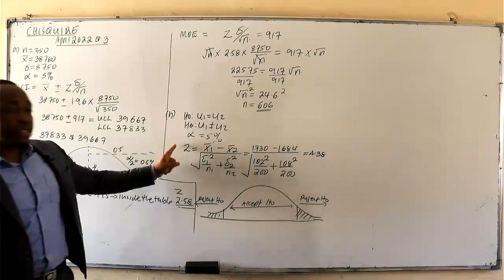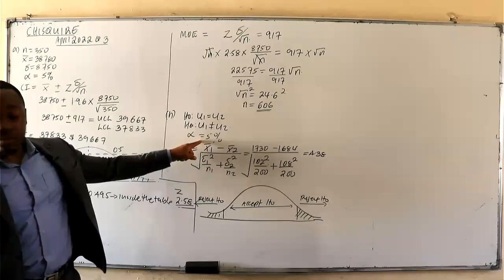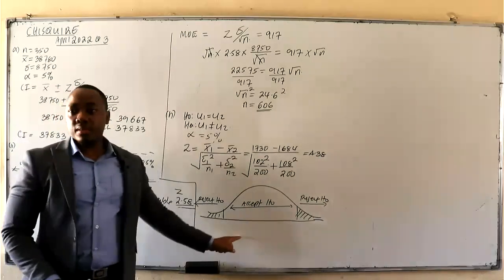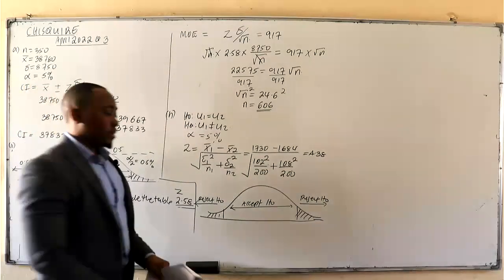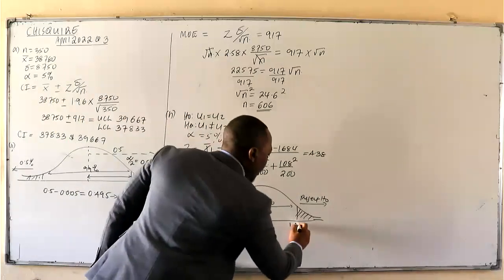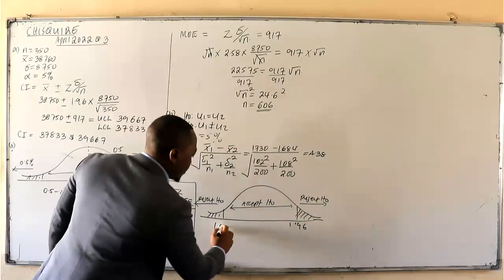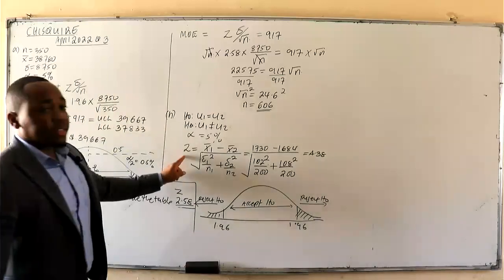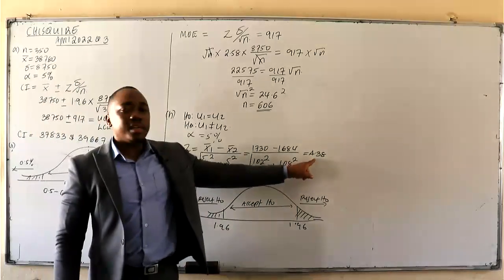Now, this is the Z test at 5%. How much was the critical value? Good, 1.96. Our Z calculated is 4.38.